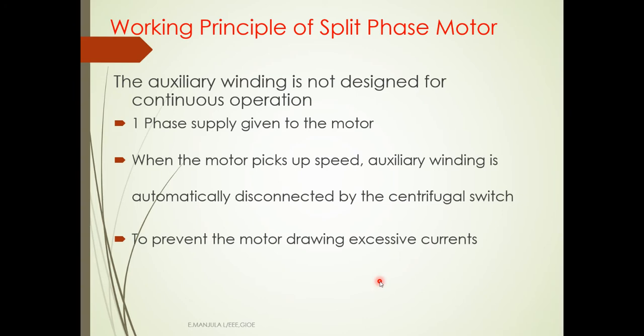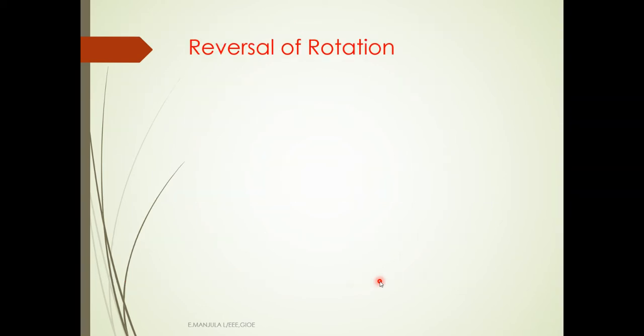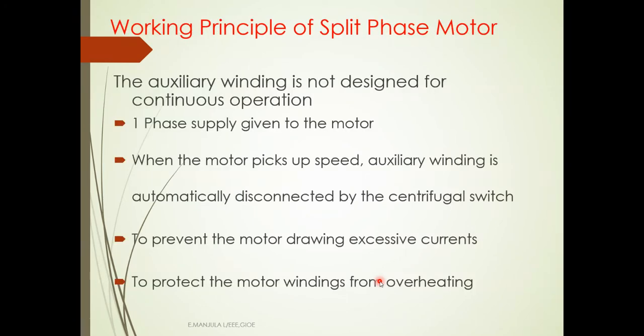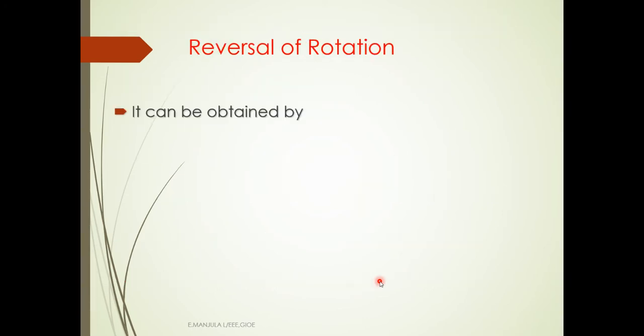This prevents the motor from drawing excessive current and protects the motor winding from overheating. That is why this auxiliary winding is called the starting winding. Only at start time do we use the auxiliary winding. After picking up some speed, we run only with the running winding, that is the main winding.